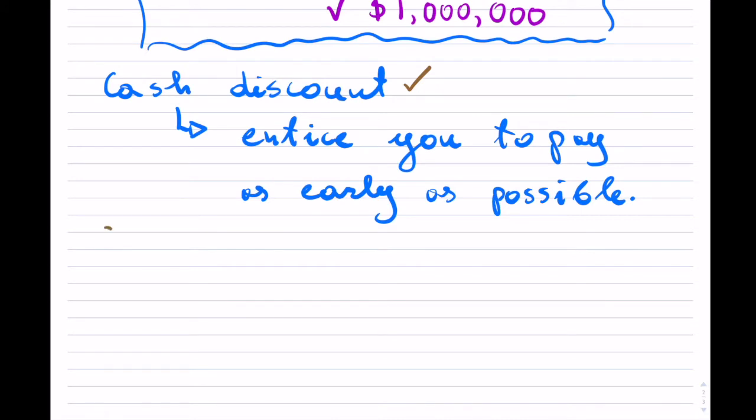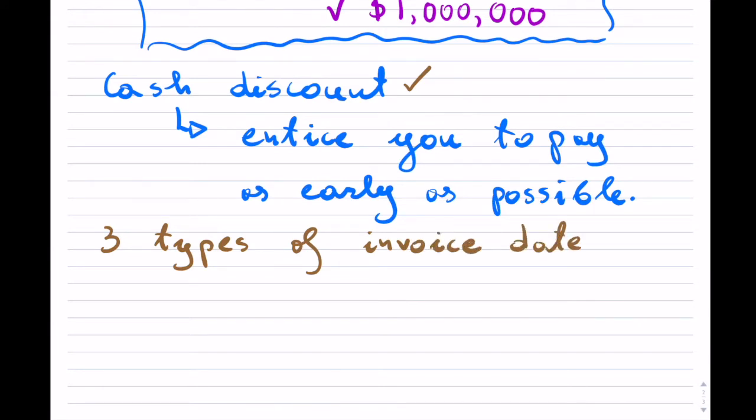There are three types of allocating invoice dates, providing you a time frame for when you have to pay and when you can take advantage of your cash discount from your invoice.